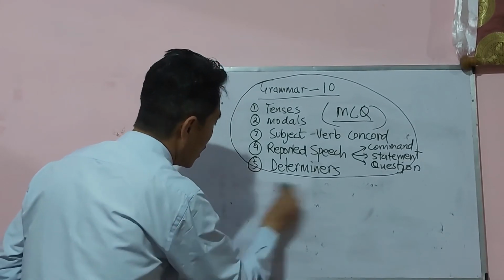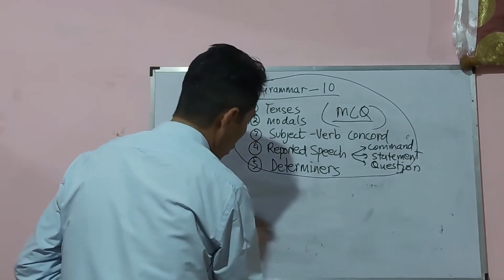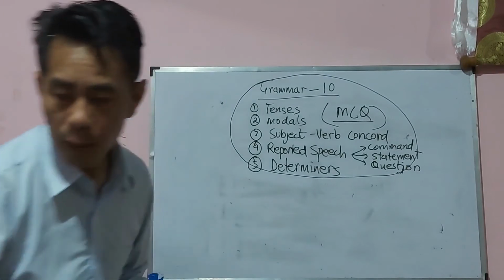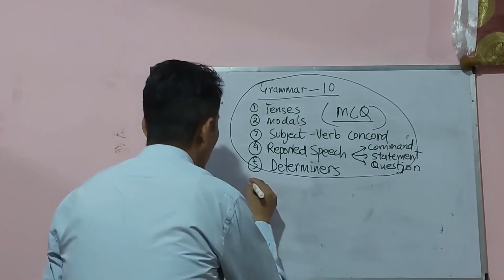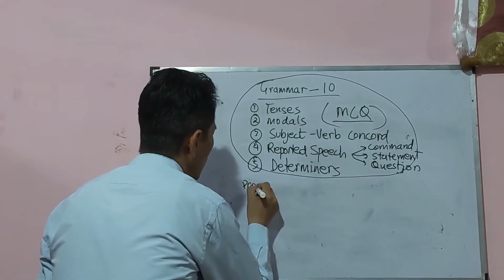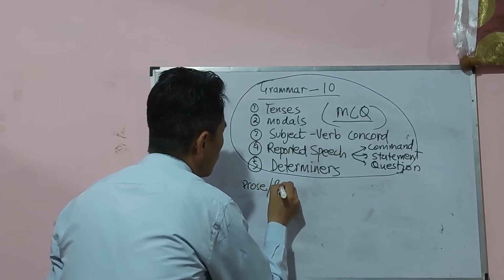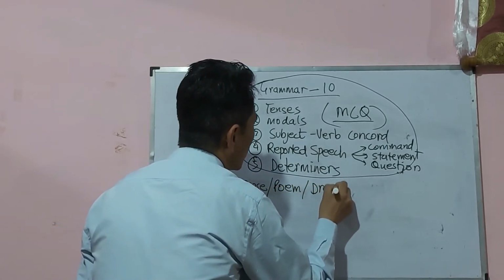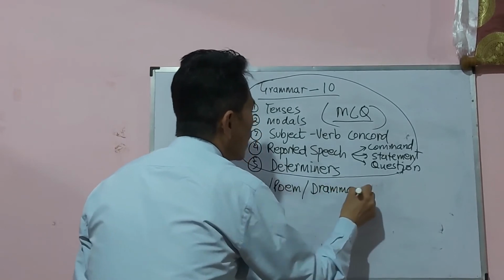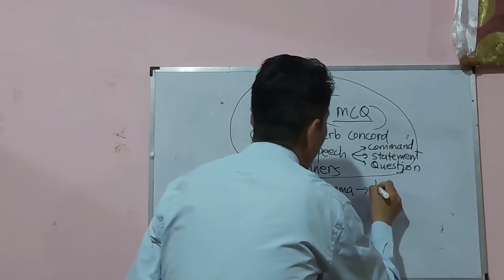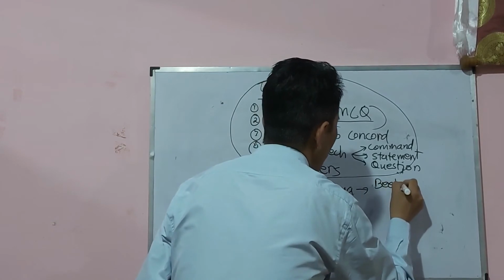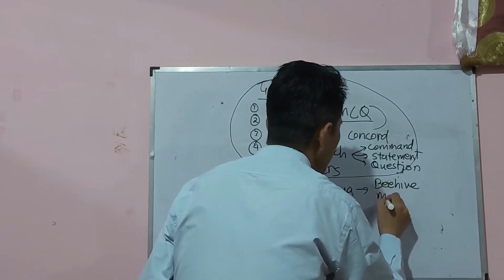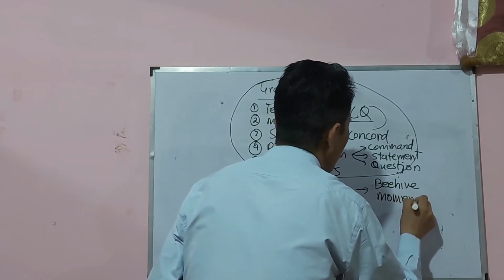In the literature, we have got prose, we have got poem, and we have got drama. Understood? And we also have the two textbooks. The first one is Beehive, and the second one is Moments.